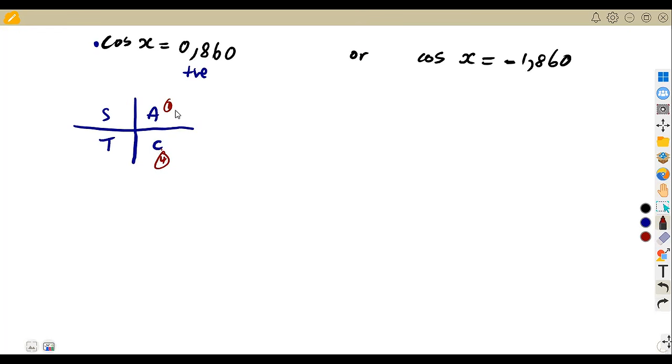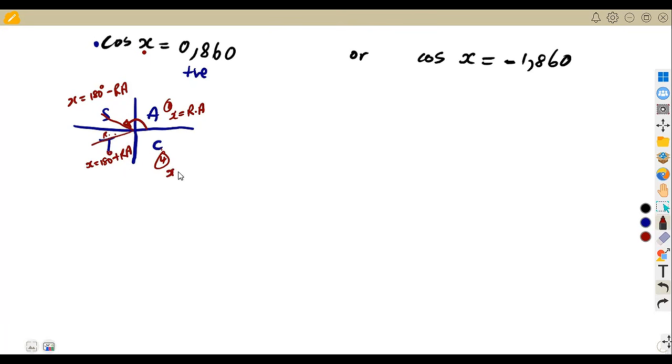So in the first quadrant, remember I said the actual angle, which is our x, will be equal to the reference angle. In the second quadrant, our x is going to be 180 degrees minus the reference angle, because we'll be talking about this angle here. In the third quadrant, we are going to add the reference angle. x is going to be equal to 180 degrees plus the reference angle.